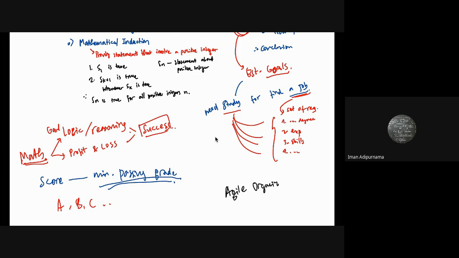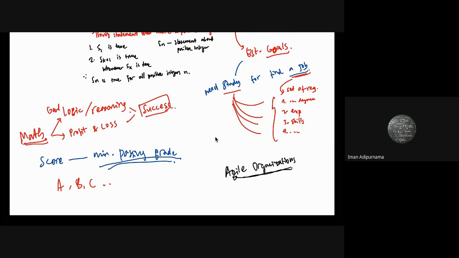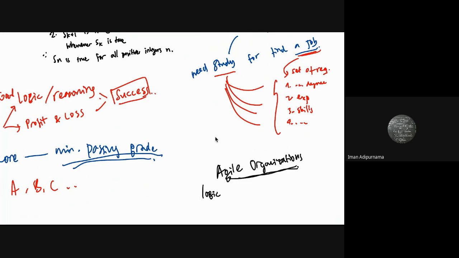You can also look on Google if you want to see what agile organizations means, which means every process inside should have, aside from logic and how to solve problems, pace, or speed.